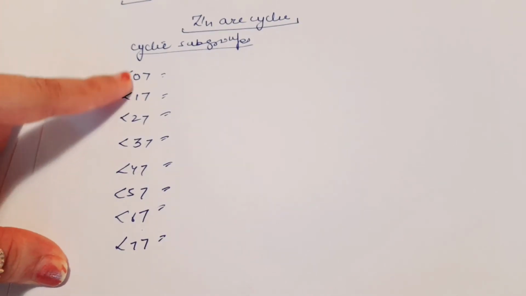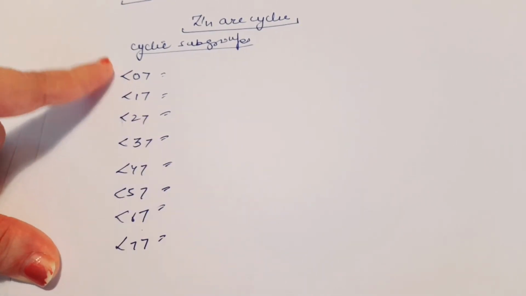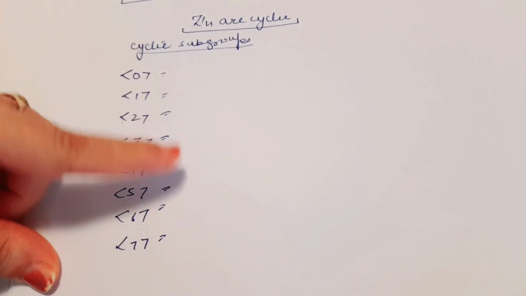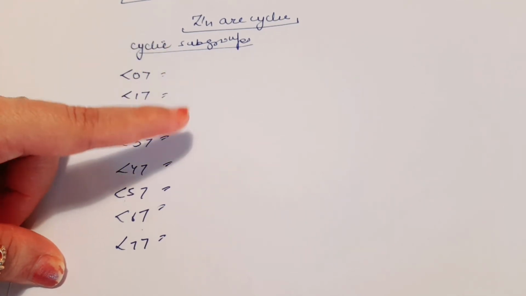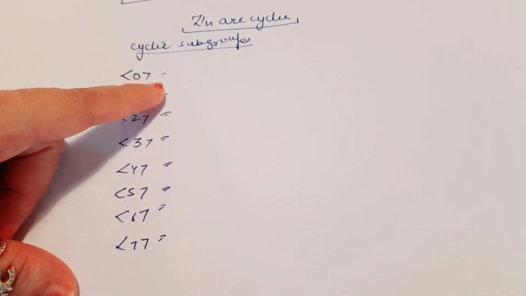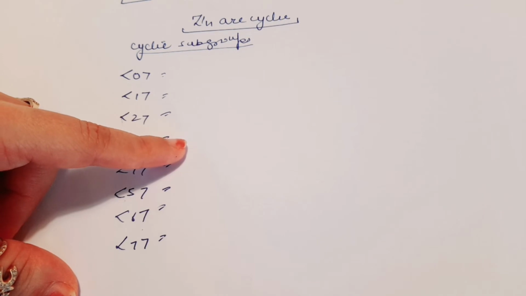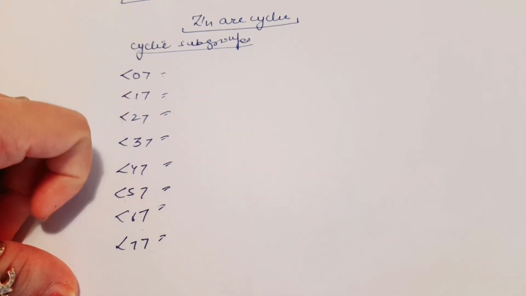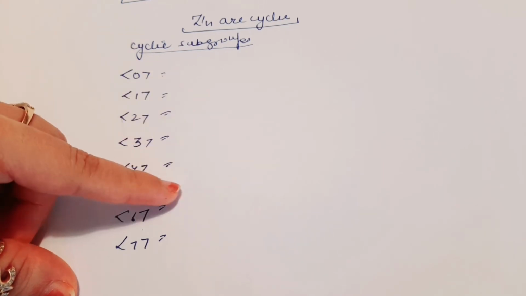All these are cyclic subgroups, but out of these, some will be isomorphic to each other and some will be non-isomorphic. So the question is to find the number of non-isomorphic subgroups. And we have one short trick also. After doing this, I will give you a short trick also for this.